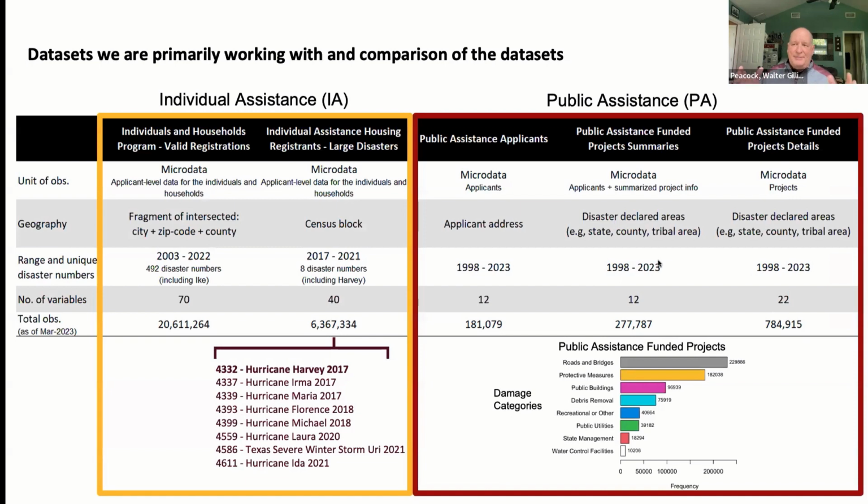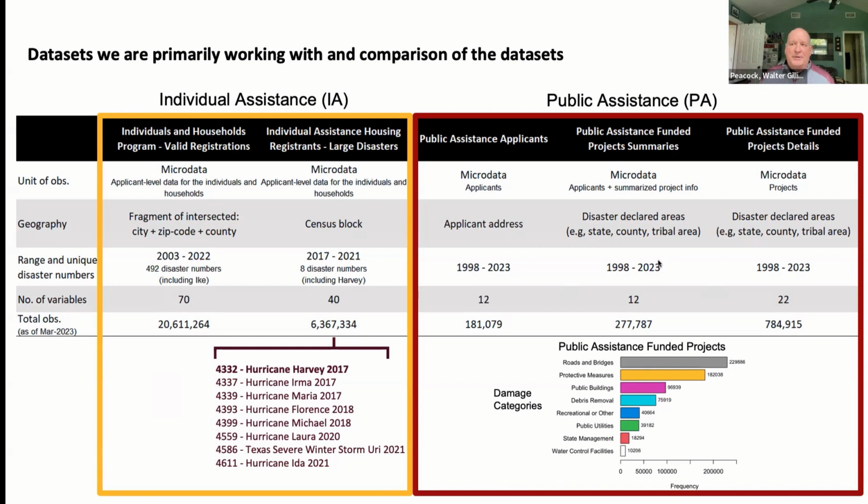The ability to spatially locate that, though, is quite variable. With the valid registration, we can only locate it at city, zip code, or county. For the large data set, however, we can get down to the census block, which is a pretty fine resolution, although not where I want it, but anyway, it's close.